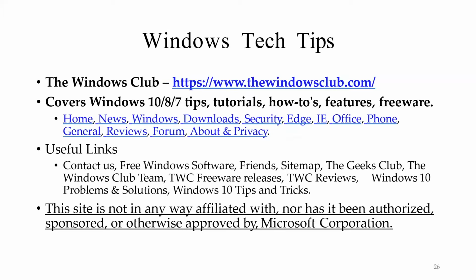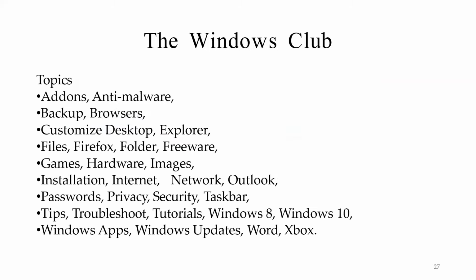They have a very strong statement. This site is not in any way affiliated with, nor has been authorized, sponsored, or otherwise approved by the Microsoft Corporation. I thought that was interesting. They don't hide it at all, and that's fine.